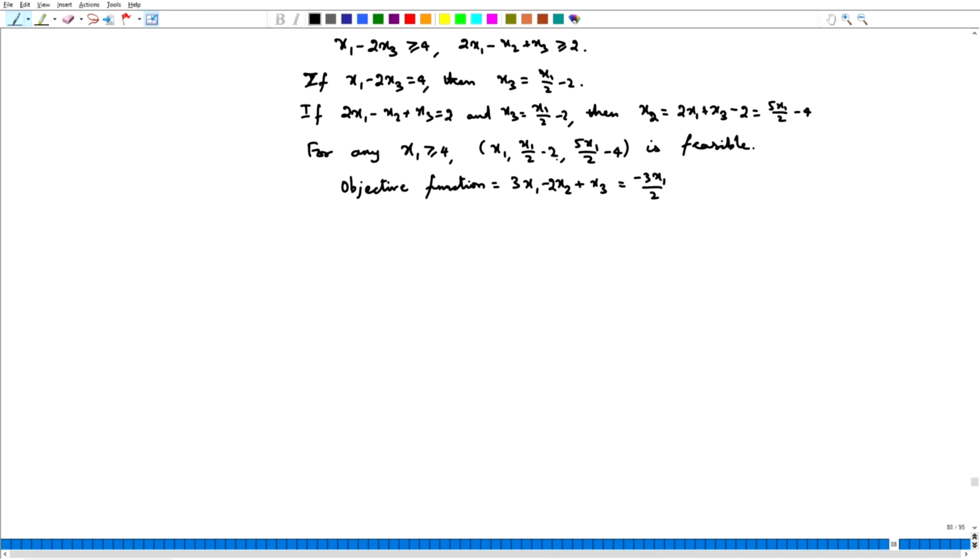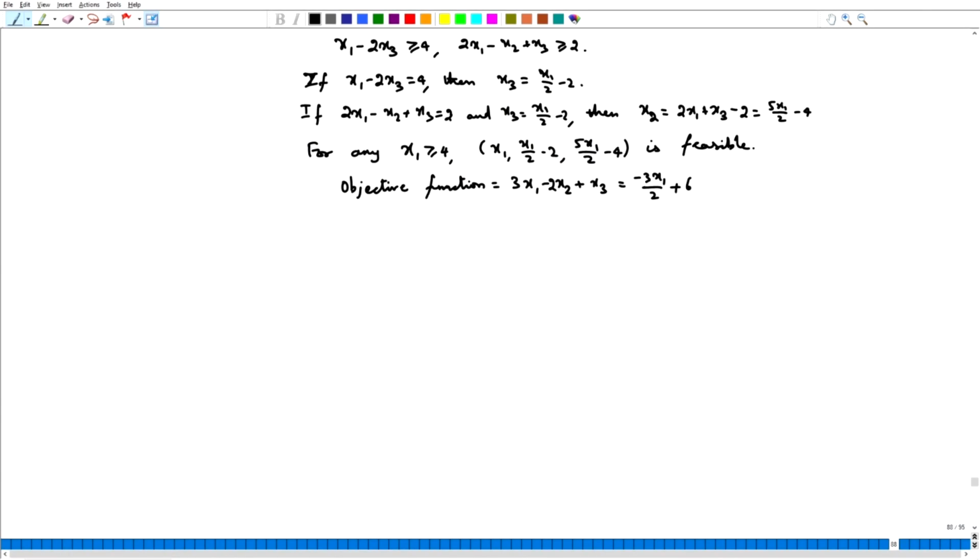Now you have 8 minus 2, which is 6. So, if you keep increasing the value of x1, if you put x1 equal to 100, right. For any x1, note that this point x1 by 2 minus 2, 5x1 by 2 minus 4 is feasible, right. So, I can keep increasing x1 indefinitely, and you can see that the objective function keeps decreasing indefinitely, right.